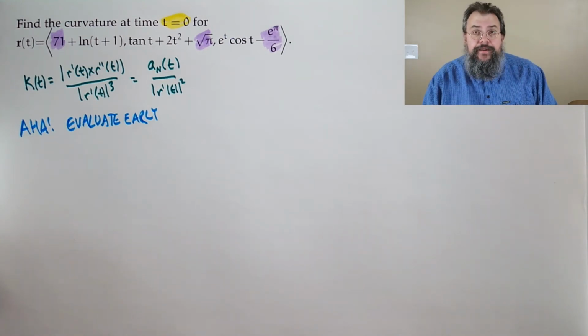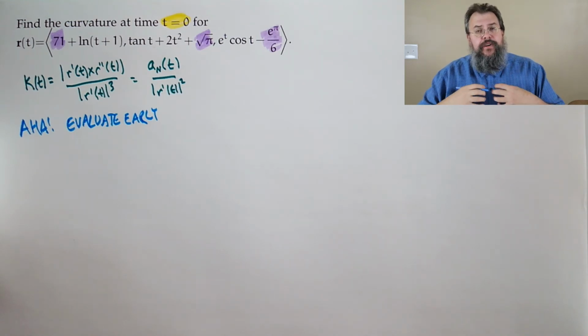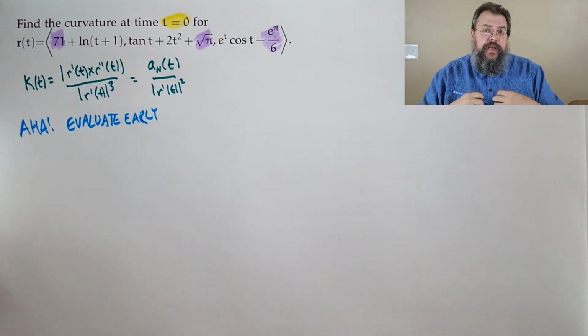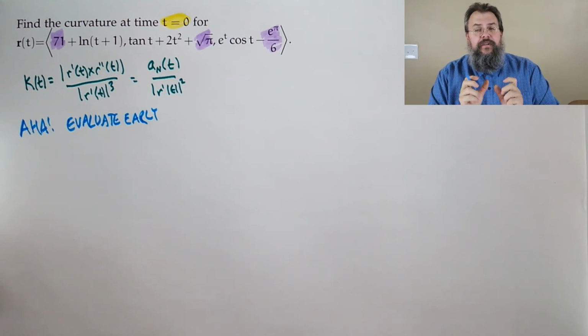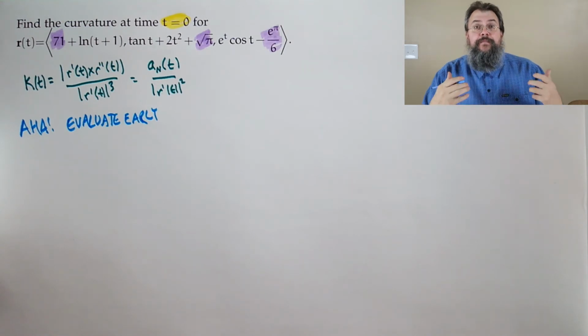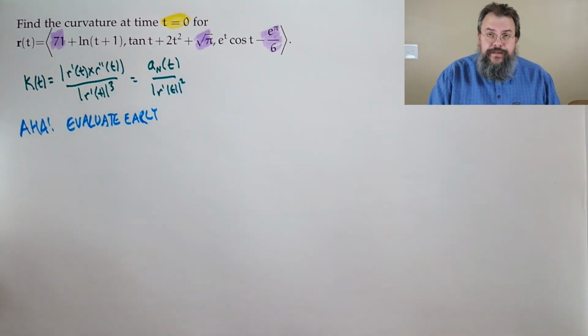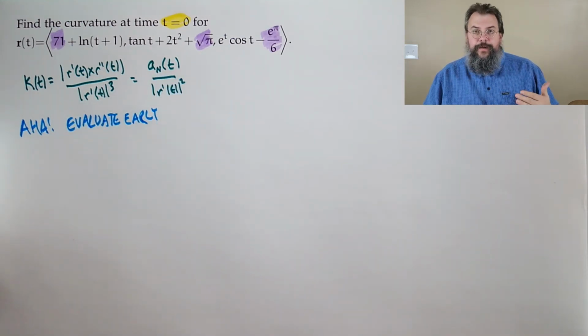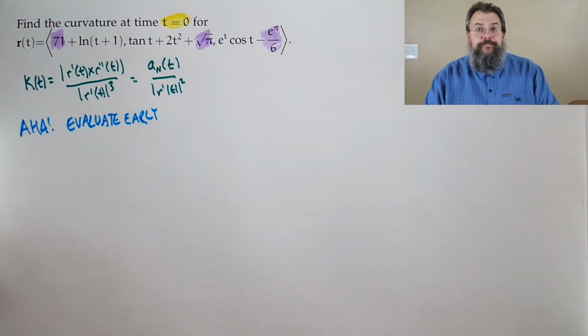Well, sometimes you have to, but other times you can push the evaluation earlier into the problem, and the earlier you can push it in, you tend to collapse these large expressions into numbers, making them easier to work with. So the question is, between these two options, which one will help us push our evaluation sooner?